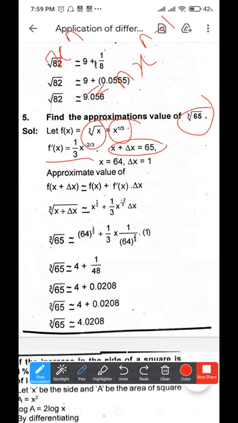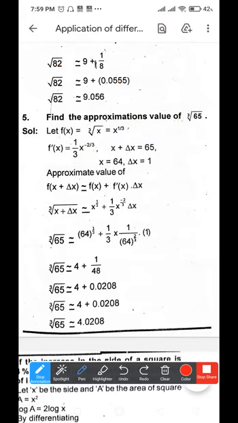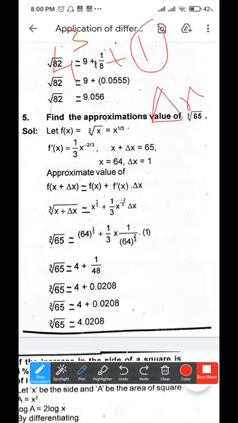Now we have to check which is the closest cube root for 65. The closest cube root for 65 is nothing but 4, because 4 cube is nothing but 64. So 65 can be written as 4 cube plus 1. Let this be your x and this be your delta x. x is 4 cube and delta x is 1.